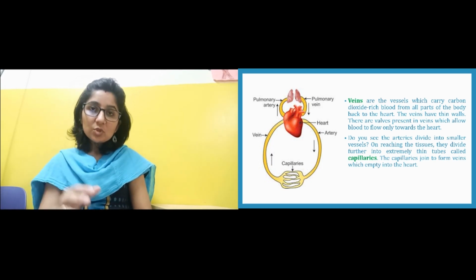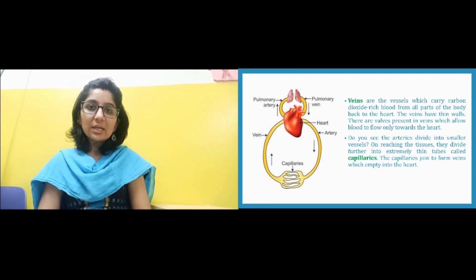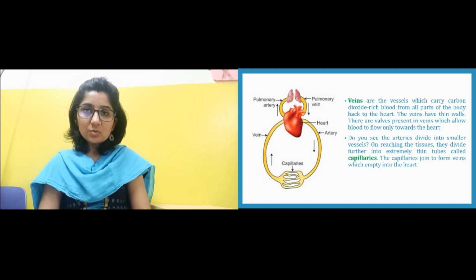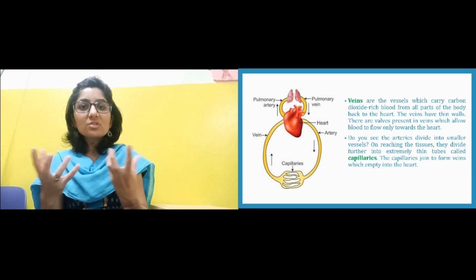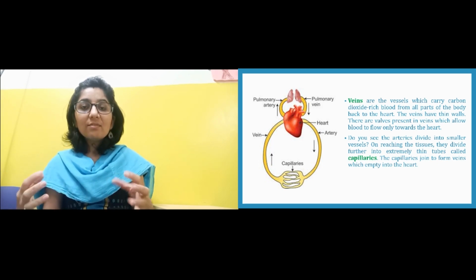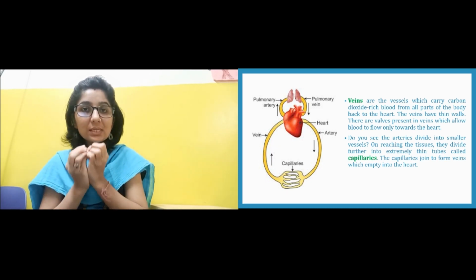So the blood flowing in the arteries has a very high speed, okay, it goes very forcefully. Hence the walls of the arteries are very thick and elastic, so that even if more blood comes, they do not burst. So the arteries are thick and elastic. Then if we talk about the veins, what is the function of veins? They carry the deoxygenated blood, or the carbon dioxide rich blood, from all the body parts to the lungs. You can see it in the diagram.